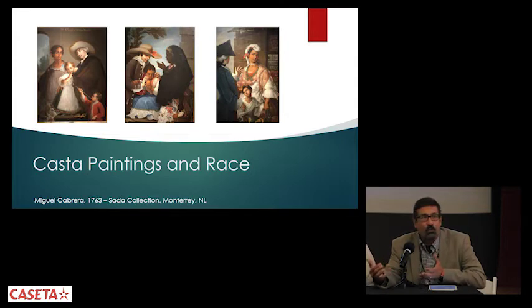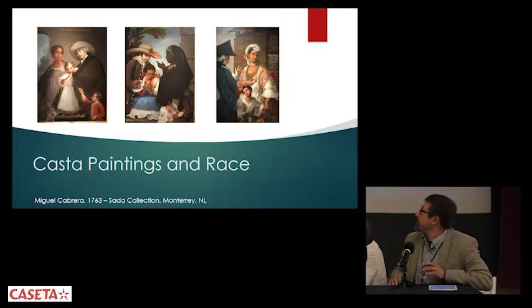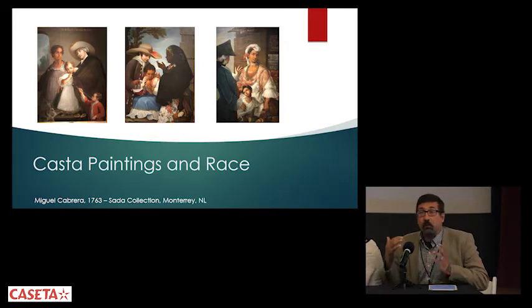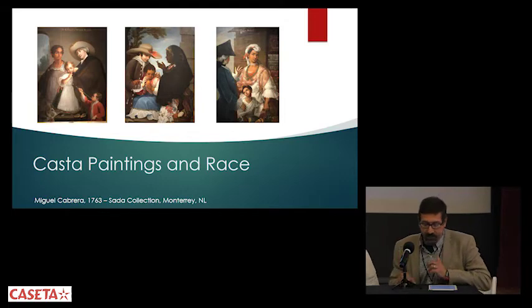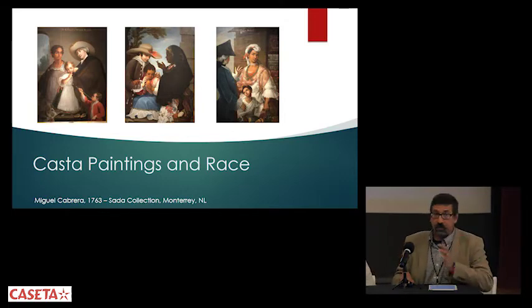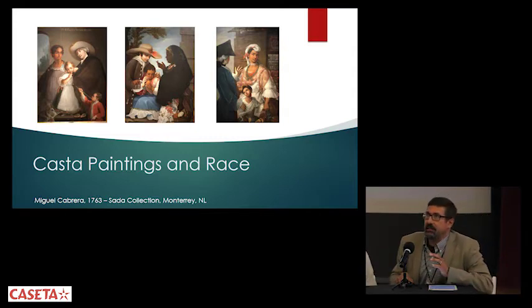And in some ways, when you look at Latin American history and you look at Mexico specifically, we see a history that engages multiple definitions of race. These come from a series of Casta paintings that were painted in the 18th and 19th century.